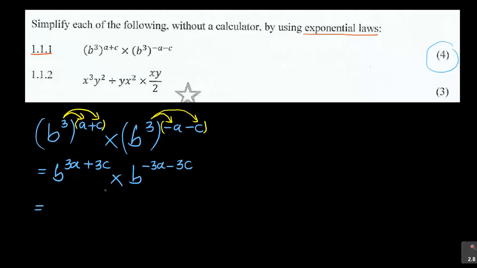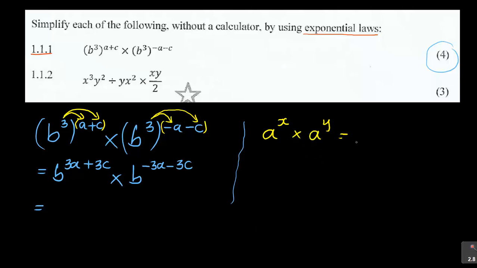If I simplify further, I'm going to use my laws of exponents. If I'm given a to the power of x times a to the power of y, I mustn't change the base. The base must be the same.